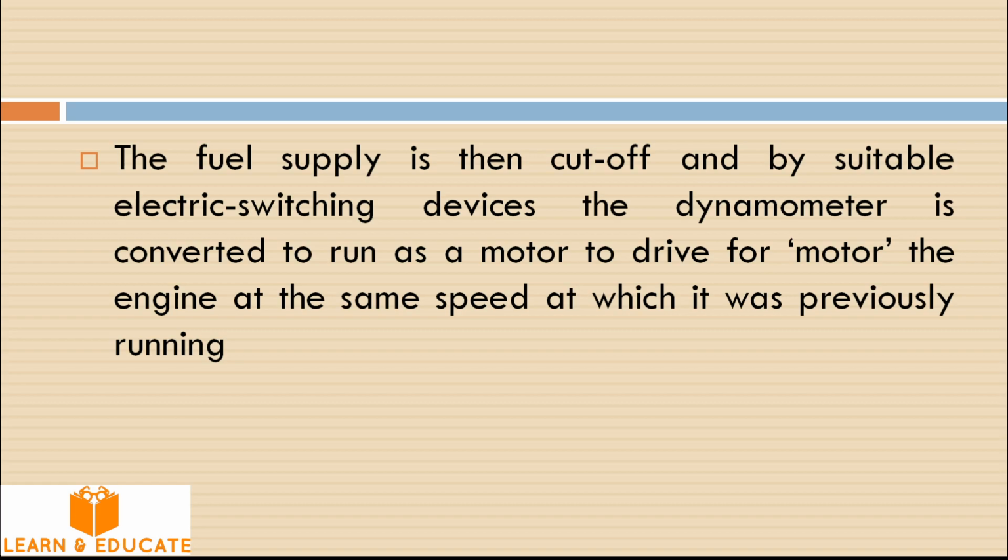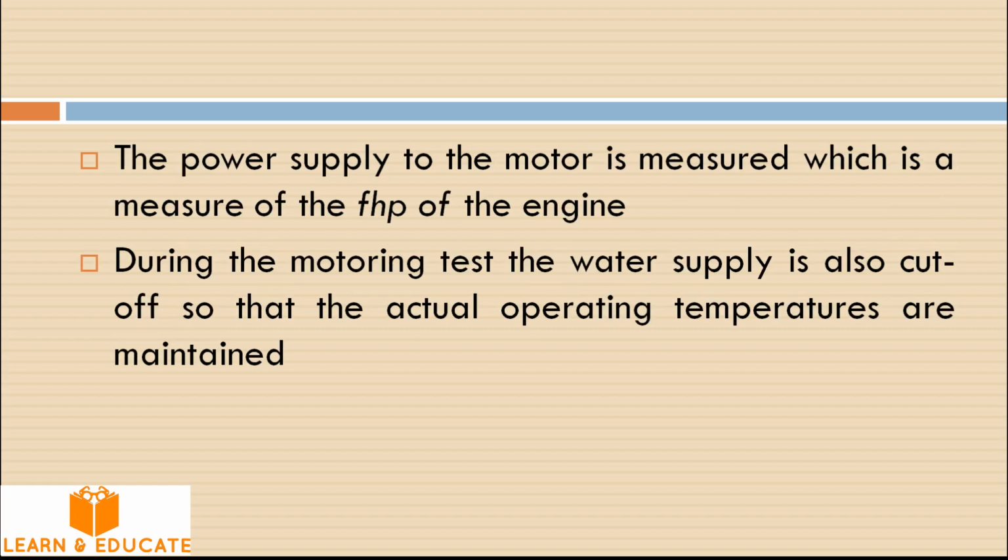So the fuel supply is cut off when the engine power is absorbed by the dynamometer. Then by suitable electric switching devices, the dynamometer is converted to run as a motor to drive the engine at the initial rated speed.